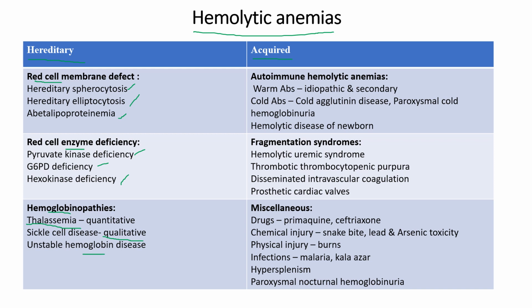In the acquired variety, we have autoimmune hemolytic anemias due to warm antibodies that are idiopathic and secondary, due to cold antibodies, cold agglutinin disease and paroxysmal cold hemoglobinuria, and hemolytic disease of newborn. And fragmentation syndromes like hemolytic uremic syndrome, thrombotic thrombocytopenic purpura, disseminated intravascular coagulation, and prosthetic cardiac valves.